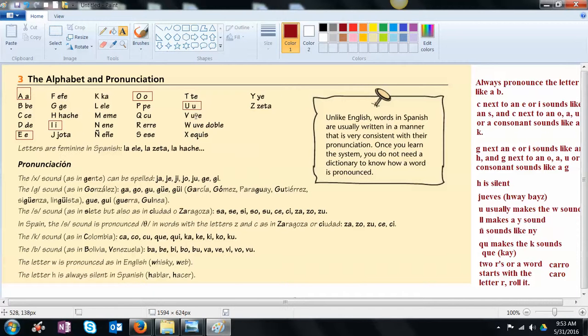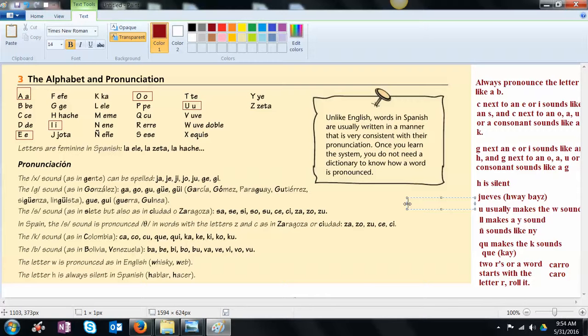T, U. We already went over V. Then X. The X is going to sometimes sound like KS and sometimes like an H. For example, here, you say Mexico, it sounds like an H there.